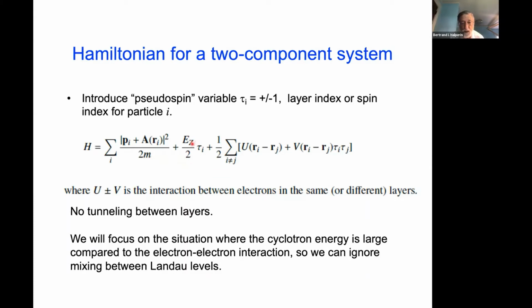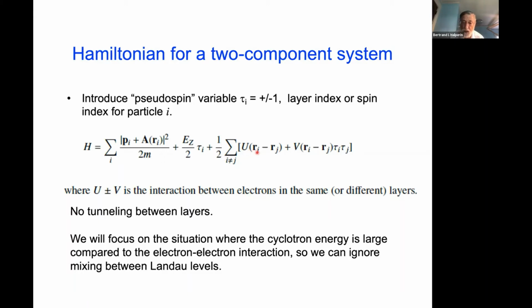There'll be a Zeeman term which distinguishes between the two spin states, which might be 0, but we write it this way. Then there's an interaction, and we divide the interaction into two parts.